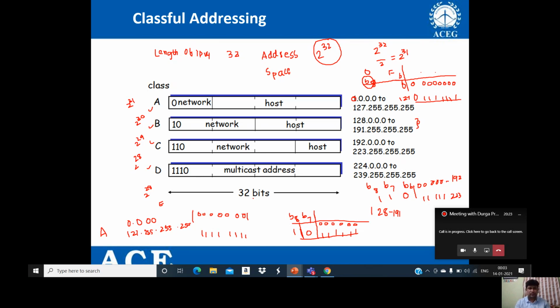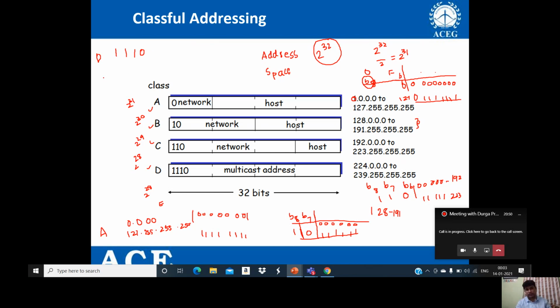And coming to the last combination, class D. Here B8 is 1, B7 is 1, earlier B6 was 0, but this time the third bit is also 1 and the fourth bit is 0.